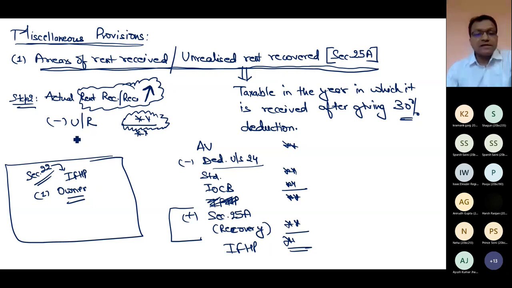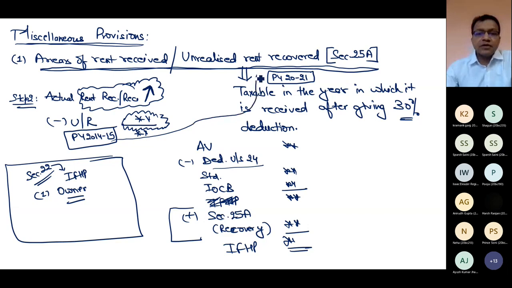Why? Suppose my unrealized rent was related to previous year 14-15. At that time, I was the owner. But today I am receiving the recovery of 14-15 unrealized rent, and I am not the owner now. I sold my property in 2019-20.